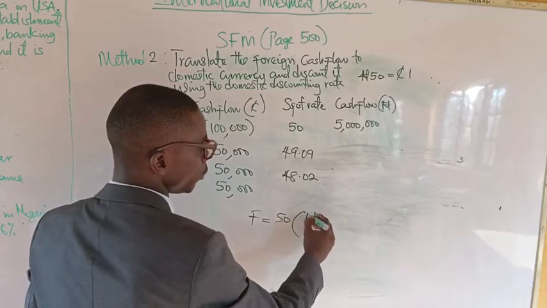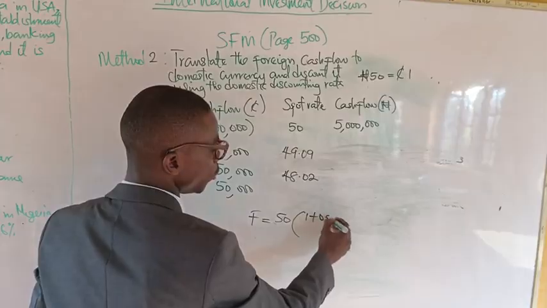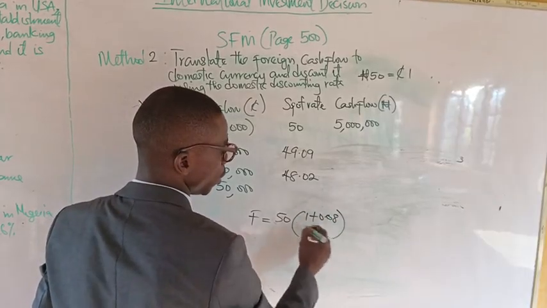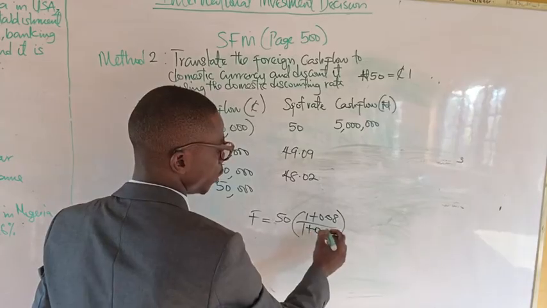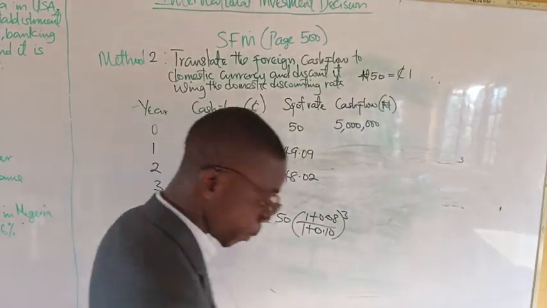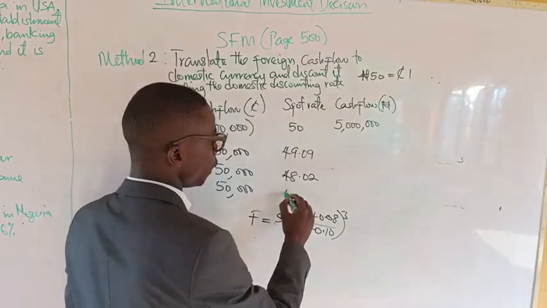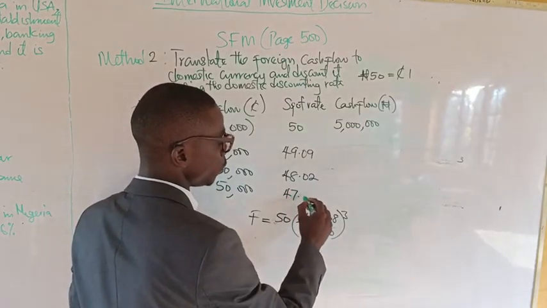The second year is 40.2. So for the third year, what will be the third year? So 0.08, 1 plus 0.1 raised to power 3. So let's be fast. 47.3.